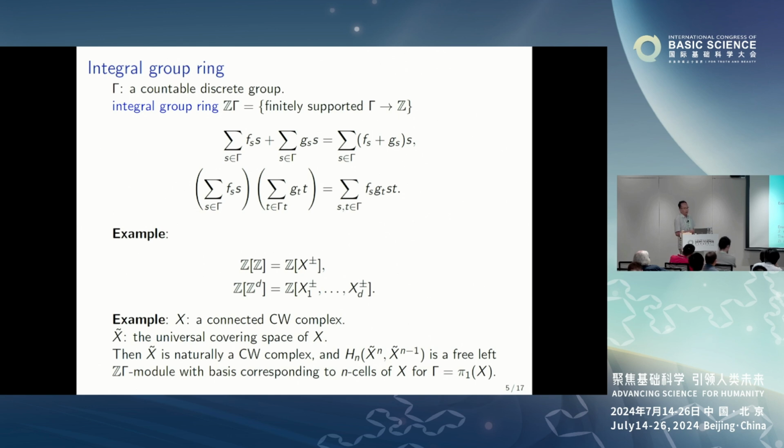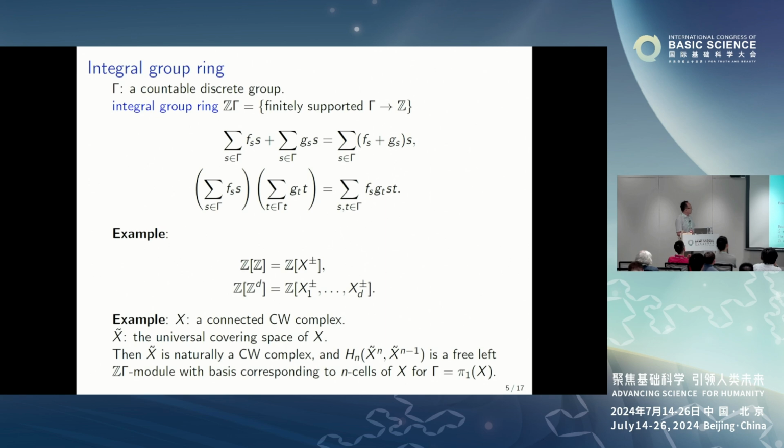And s and t are in the group, so we also know how to multiply them. Okay, so this is the definition of the group ring. Here we say integral because the coefficients are all integers, but you could replace them by other things, like complex numbers, for example.